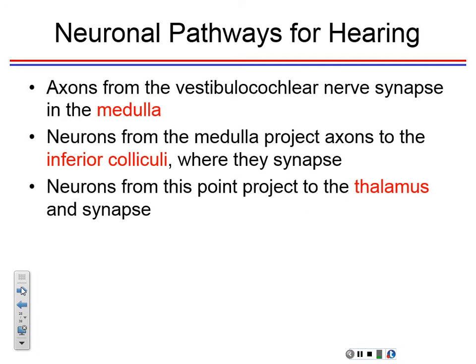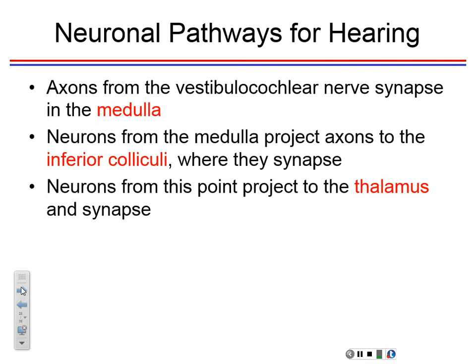Remember we said all the senses go to the thalamus except what? Smell. It's the only sense that doesn't go there. Everything else goes to the thalamus. So if I ask you to talk about the neuronal pathway of any sense and you don't mention the thalamus, if it's not smell, then it's wrong. It has to go through the thalamus. So medulla, then inferior colliculus, then thalamus.